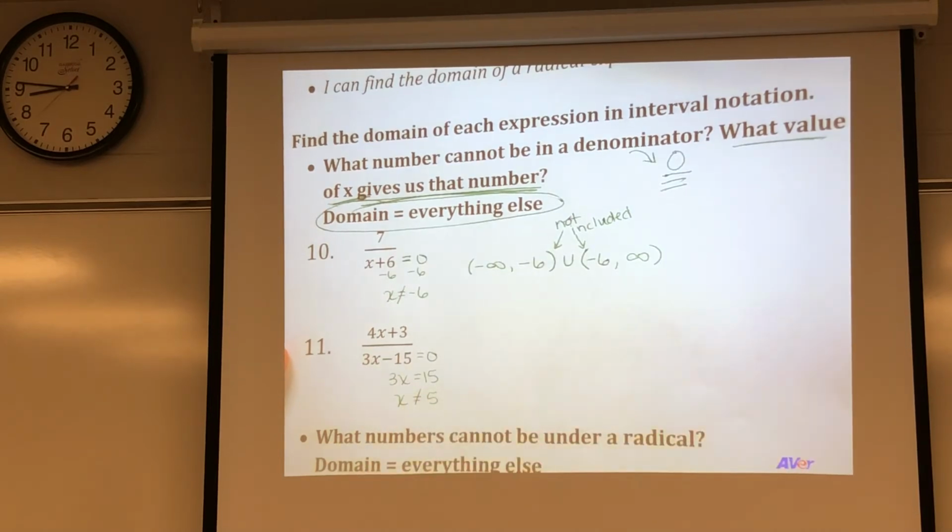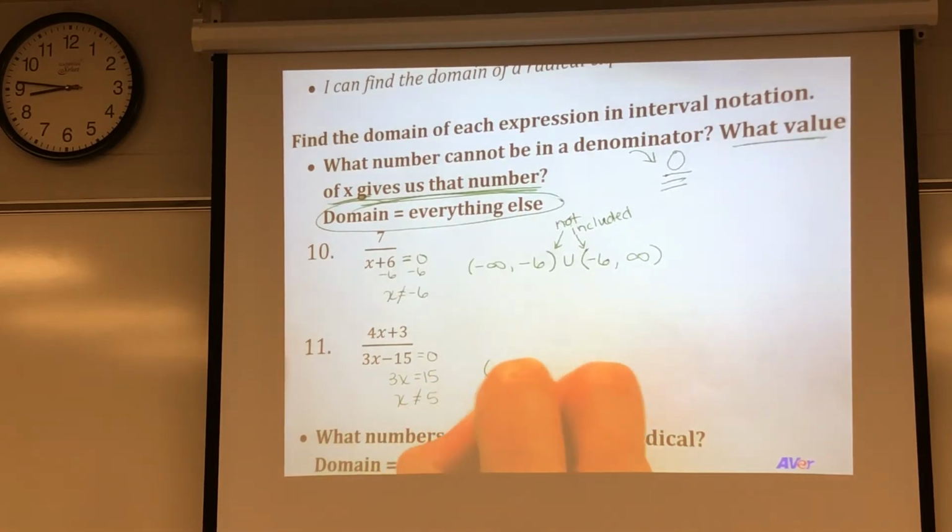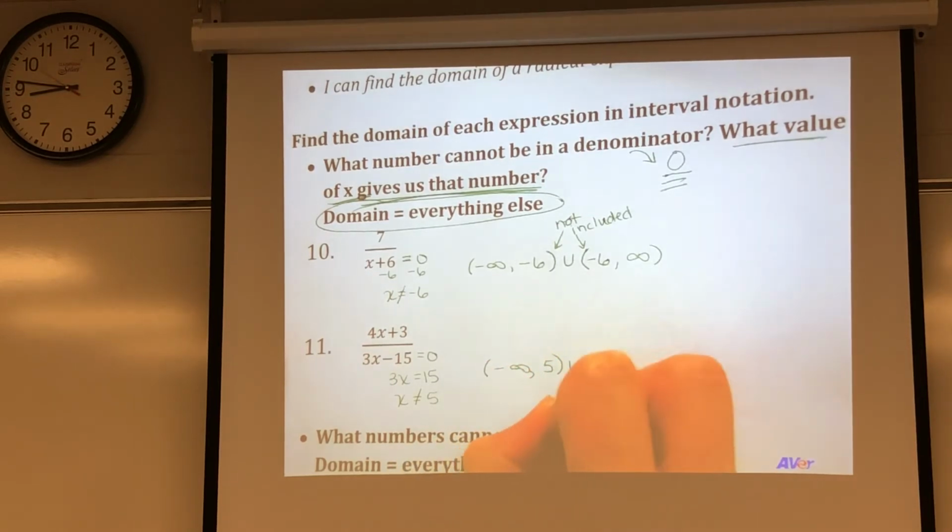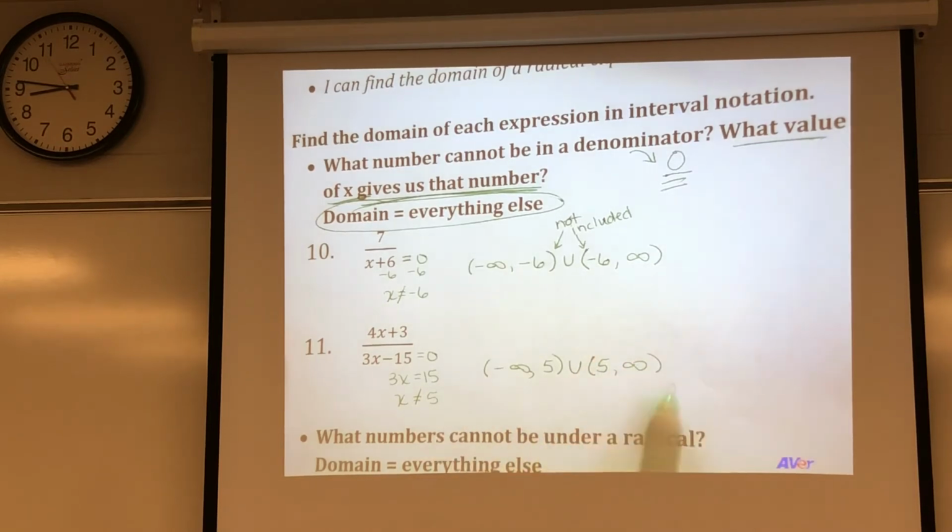So x cannot equal 5. If it equals 5, our denominator is 0 and we're toast. So now we write interval notation, always starting with -infinity to 5, parenthesis, union, parenthesis, 5 to positive infinity. So this is telling us every number except for 5 is okay.